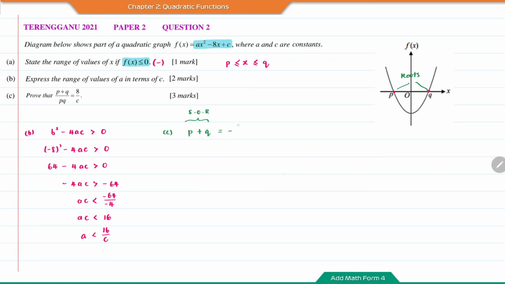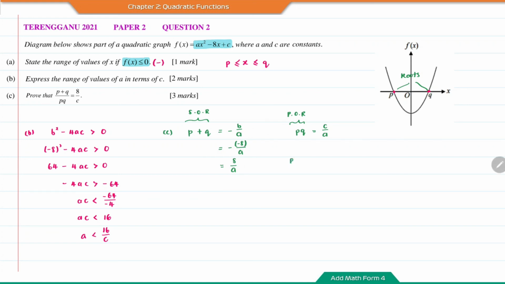Therefore, it is equal to negative b over a. From this quadratic function, b is going to be negative 8 and a is still going to be a. So here we're going to have positive 8 over a for P plus Q. And for P times Q, this is the product of roots, which is equal to c over a. So in this case, it's still going to remain as c over a.